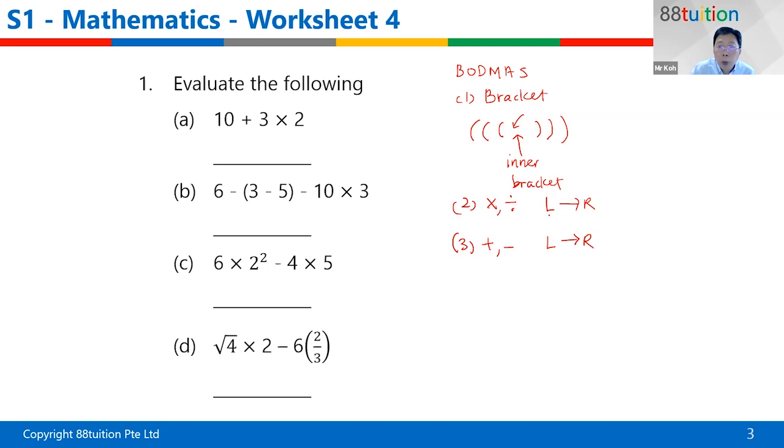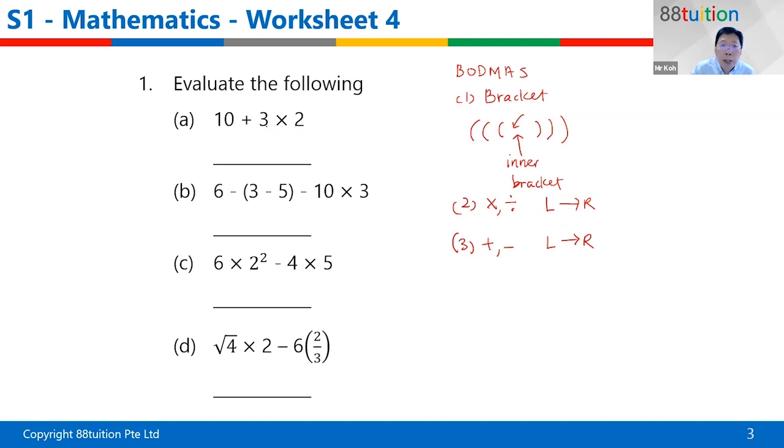It's not right to left. With that in mind, when you evaluate, you're supposed to do it without a calculator. The calculator will help you check whether you got it correct or not. So maybe I do the first one as an example.